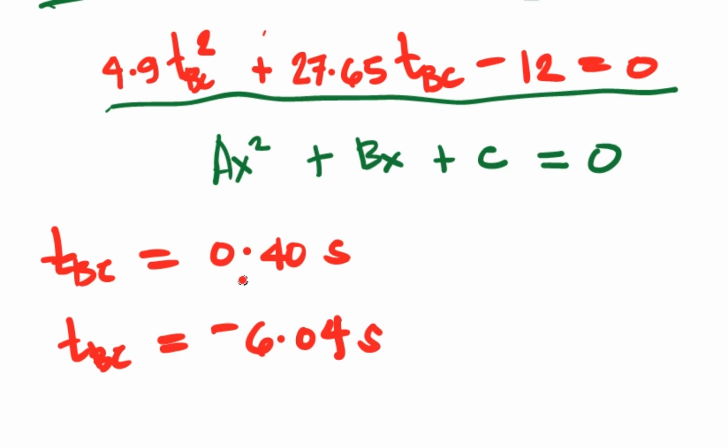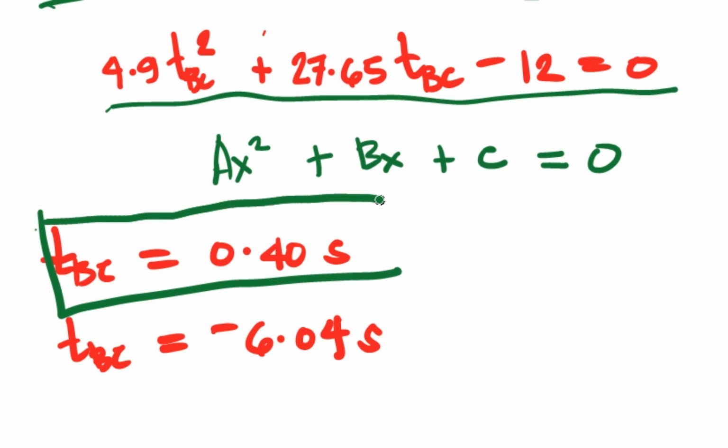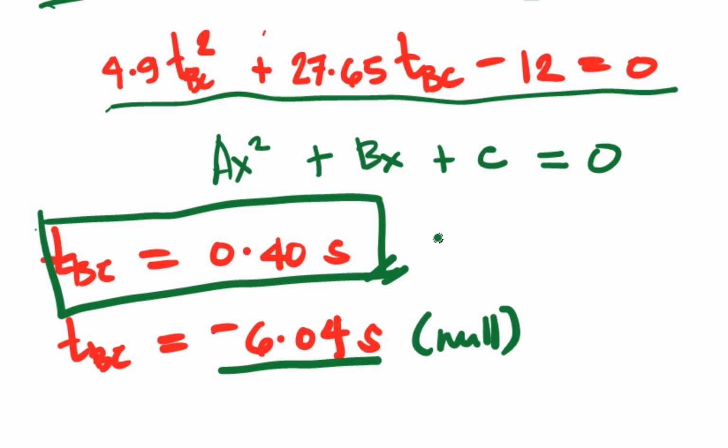Now, which one is correct? Of course, the correct one will be this answer, because there is no such thing as a negative time. So this is what we call a null solution. So the answer should be 0.40 seconds.